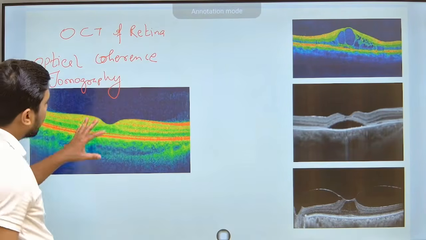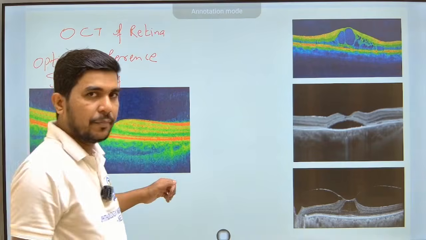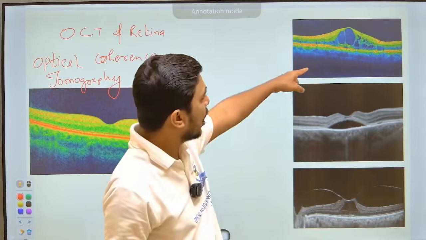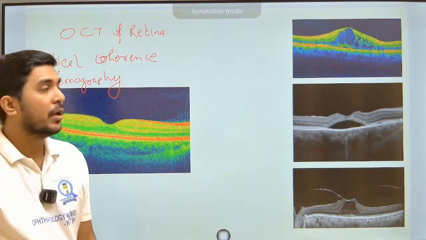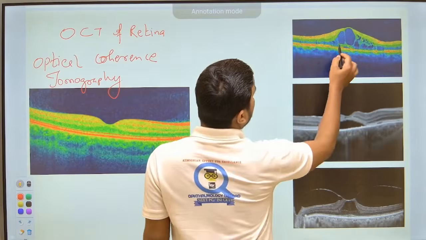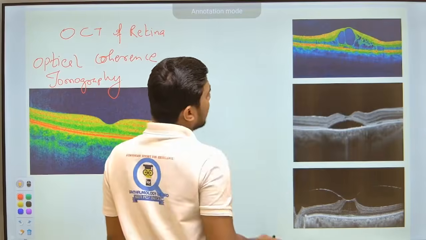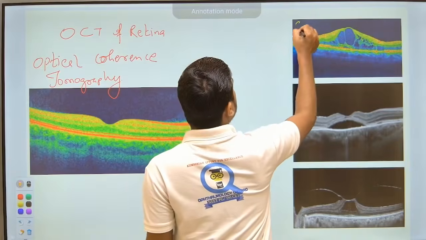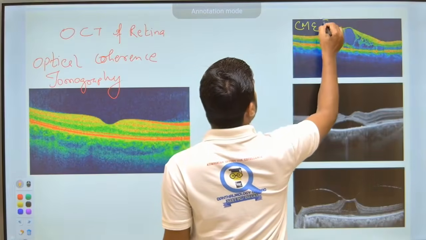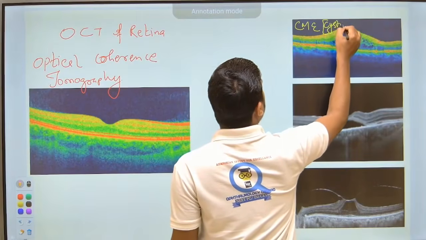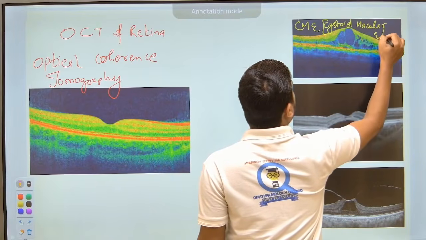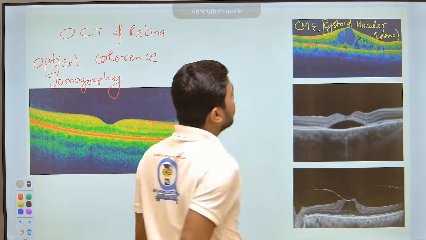They depict all the layers of the retina. Now if they can depict all the layers of the retina, then tell me what these things are. Here in the retina you have these cystic spaces. This is nothing but CME, which means cystoid macular edema. Got my point?